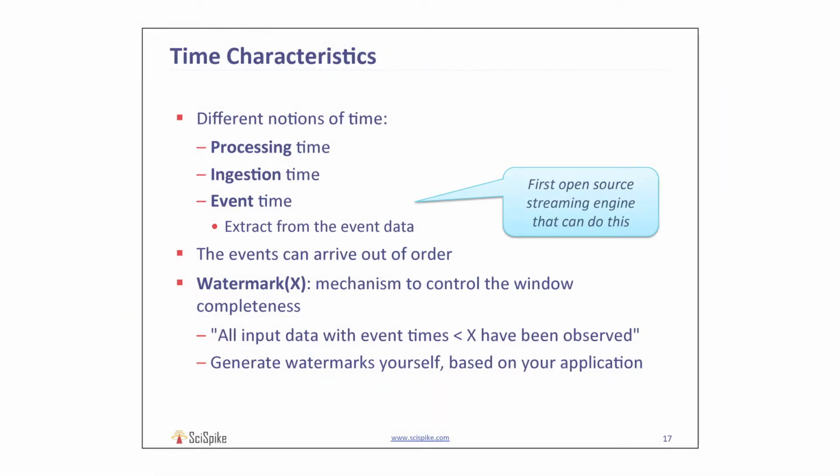So talking about time, we have mentioned processing time, ingestion time, and particularly interesting for us, it is the event time. You can write your extractor that can get this information from the events that are happening. Now, when you're dealing with such advanced mechanism, you would like to have ability to fine-tune and to define the grouping of the events, because certain events belong together, and they can be a result of a session that user may have.